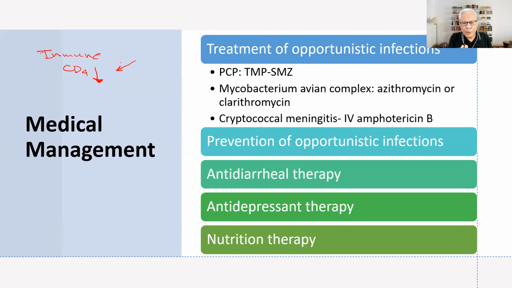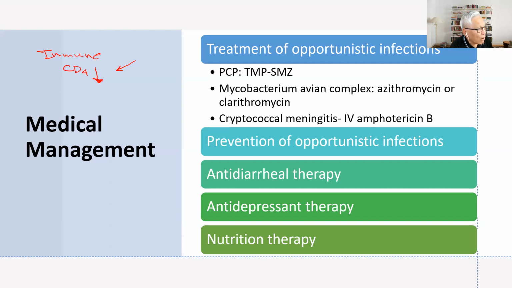And one of the most common opportunistic infections that occurs along with HIV and AIDS is Pneumocystis carinii pneumonia, or Pneumocystis jirovecii pneumonia. It used to be called Pneumocystis carinii pneumonia. And we would manage these patients with TMP-SMX, or azithromycin, or clarithromycin for mycobacteria, as well as amphotericin for cryptococcal meningitis.